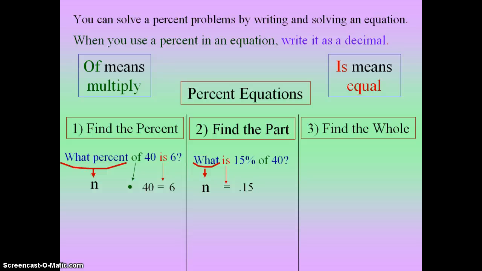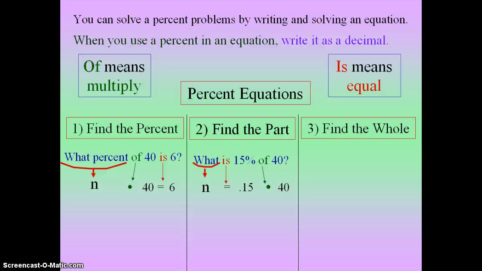And of means multiply, so I'm going to multiply it with 40. This one is a simple problem because I could just multiply them together and get my n and find the part. This would be me finding a 15% tip of a $40 bill, and that's what it would mean in a real life situation.